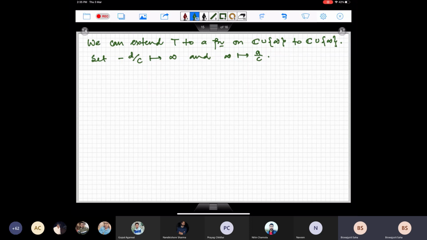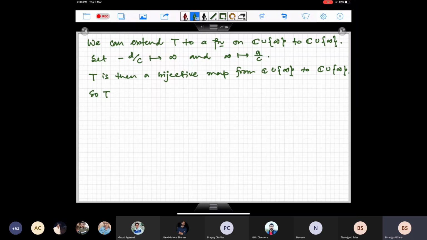Okay, so this T is then a bijective map from C union infinity to C union infinity. Okay, so of course this T has an inverse.